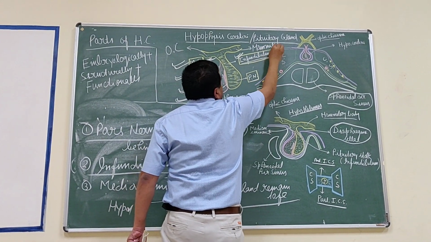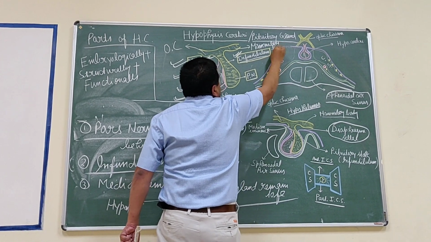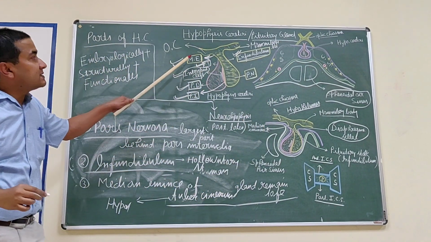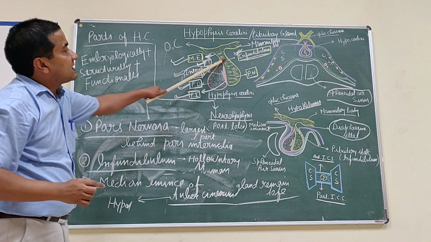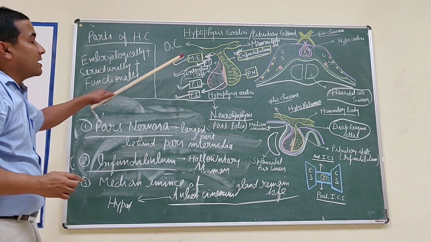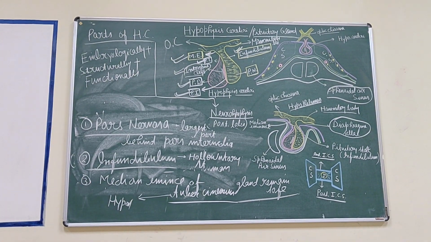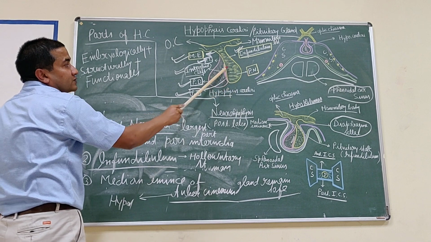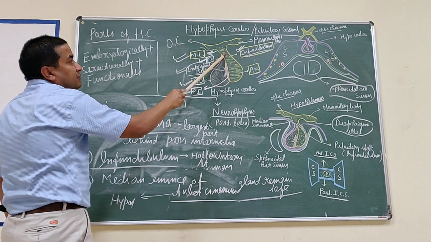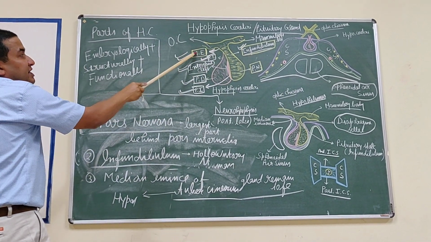So the neurohypophysis has three parts: pars nervosa, infundibulum, and the median eminence.